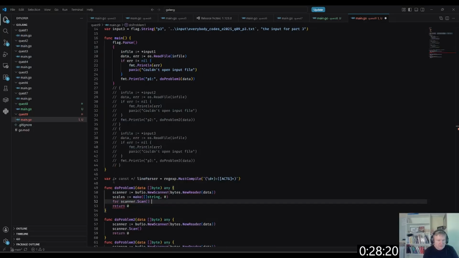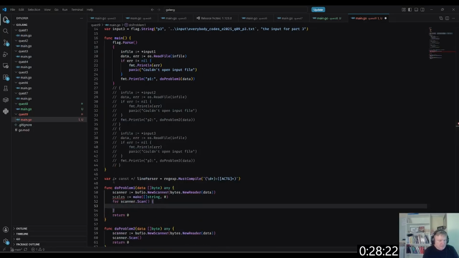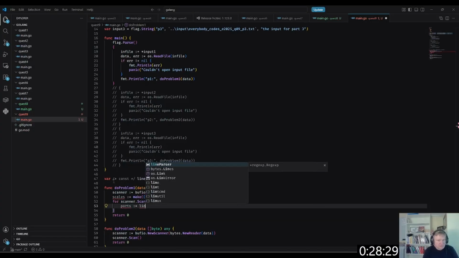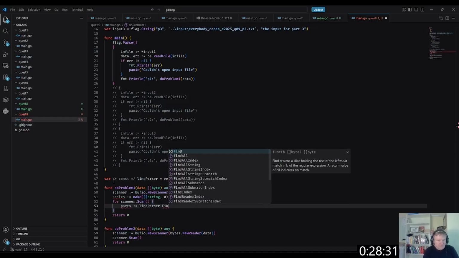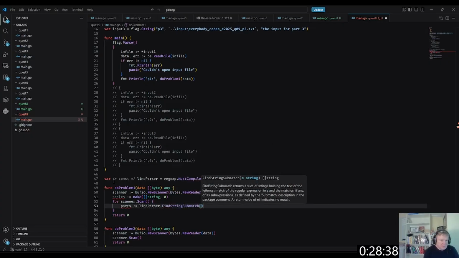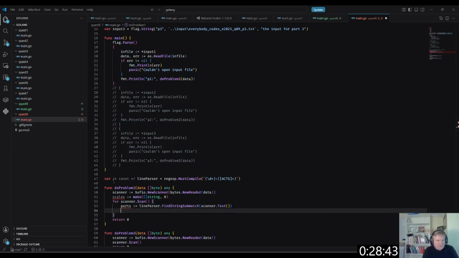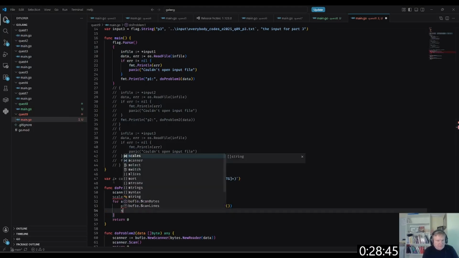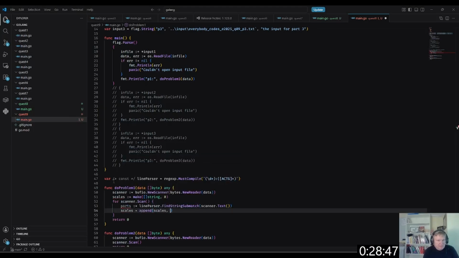For scanner.Scan, parts := parser.FindStringSubmatch of scanner.Text, scales.append parts 2.